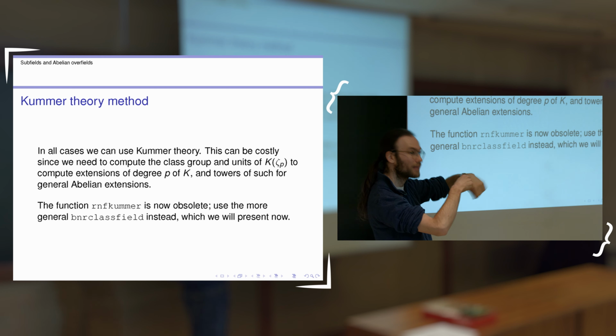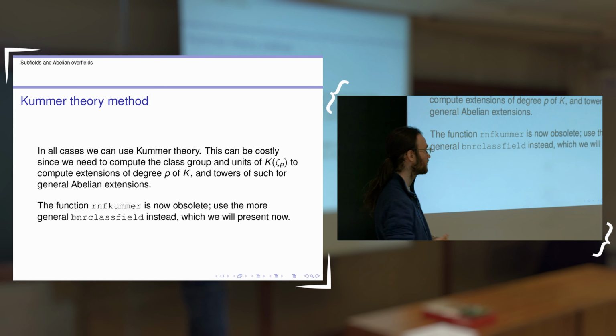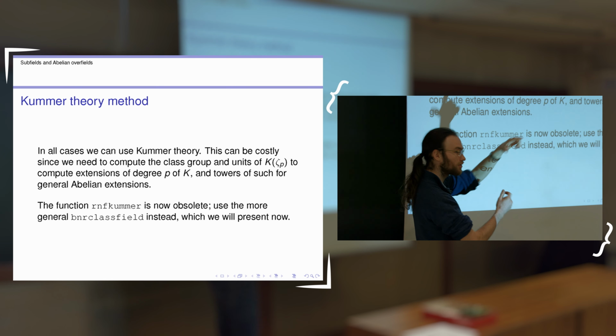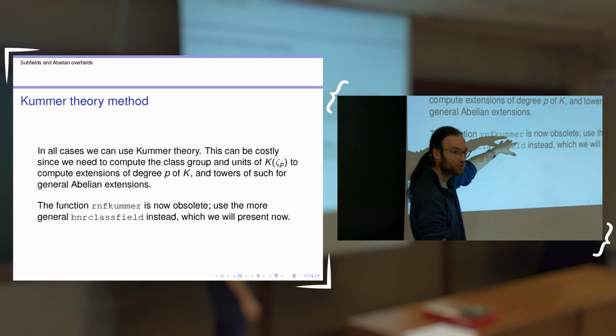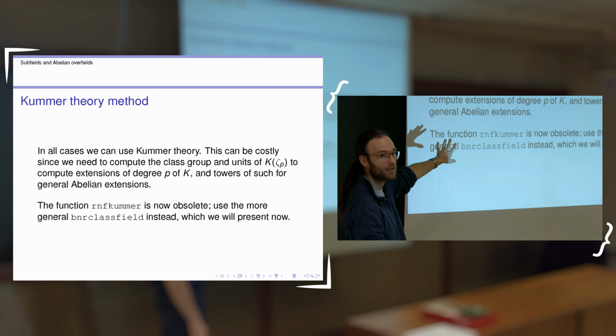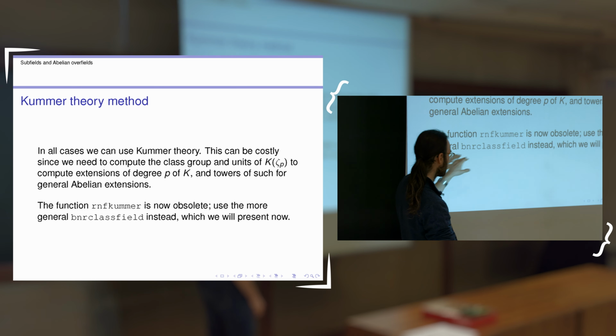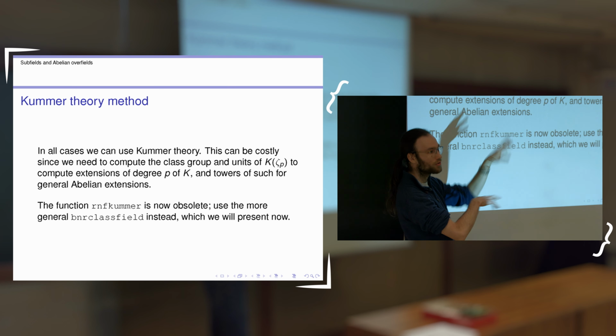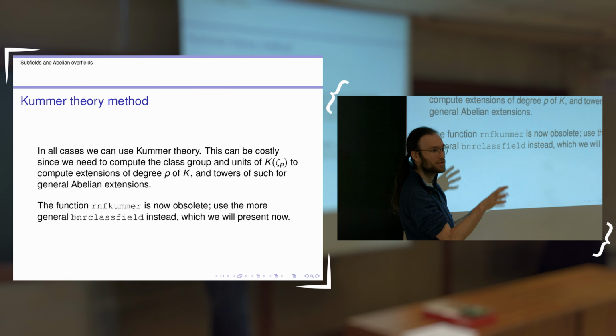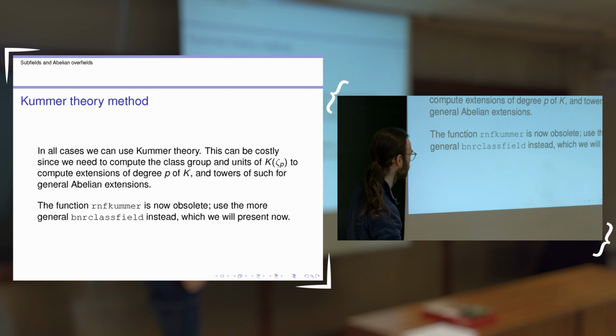Then we need to make towers if we have something of higher degree. There is a function that does one degree p step, called rnfkummer. You should forget about it now and only use bnrclassfield, which is a wrapper for rnfkummer that will do all these extensions and compositums and whatever you didn't want to think about. And now you don't have to.